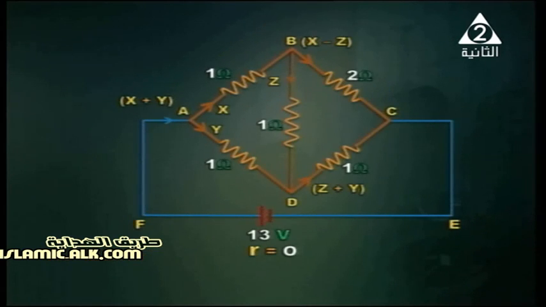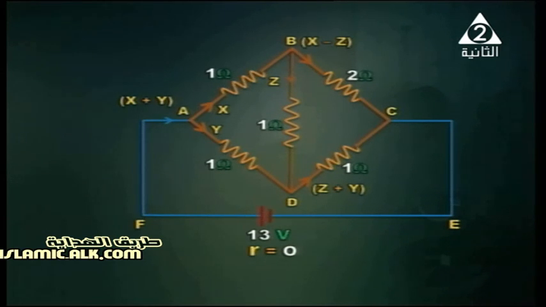Now let the main current through the battery be denoted by X plus Y. And a portion which is X will flow through the 1 ohm resistor, as shown in front of you. Rest of it, which is Y, flows through the other 1 ohm resistor.